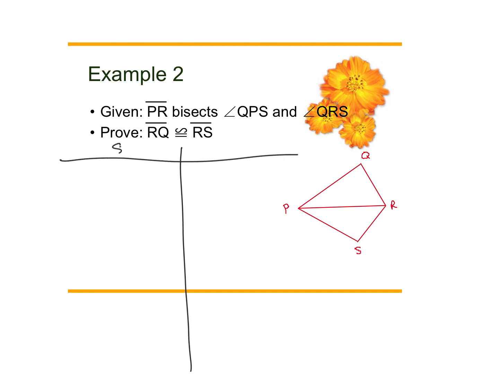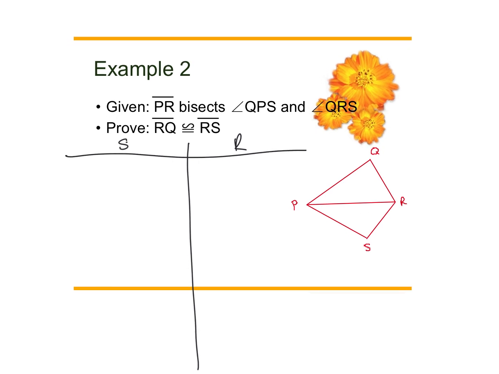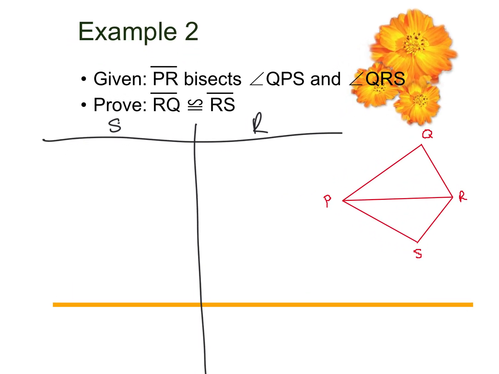I have my statements. I have my reasons. This is not going to be the same as the last one. It looks very, very similar, but you're going to have something different in here. So I'm going to have you guys try and do this one, but I'm going to do the first one with you, and the first section is going to be my given.